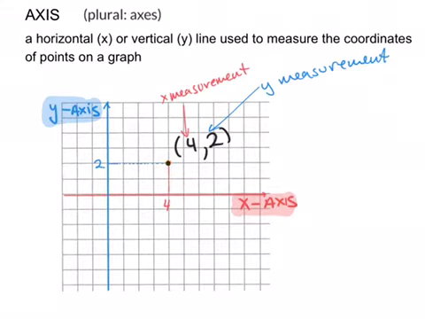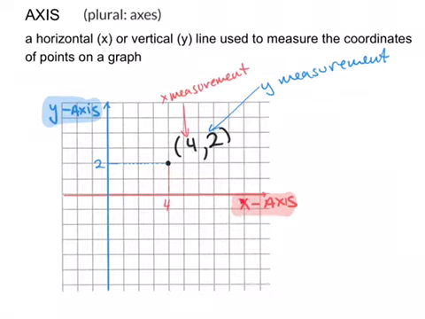Every point on a graph, like this point here, has an exact measurement along the horizontal axis and an exact measurement along the vertical axis. In general, we're going to compare lots of pairs of quantities. We've already done a lot of work comparing distance and time and making stories, graphs, and tables about distance and time.